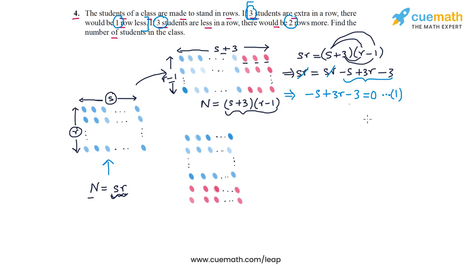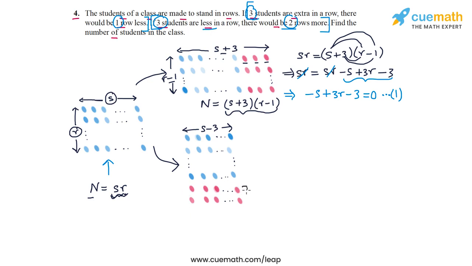Now the second piece of information says if 3 students are less in a row, then there would be 2 rows more. Now look at this second reconfiguration. The number of students per row has reduced by 3, so the new number of students per row is S minus 3. But this causes the number of rows to increase.